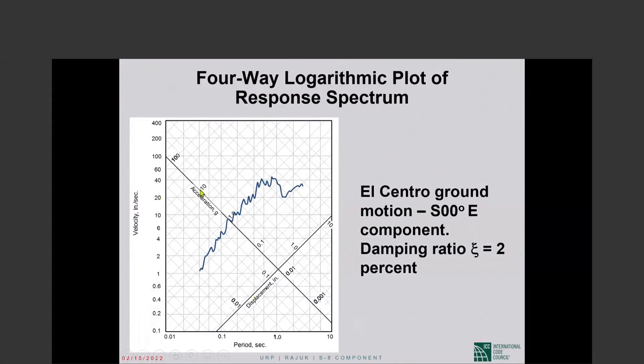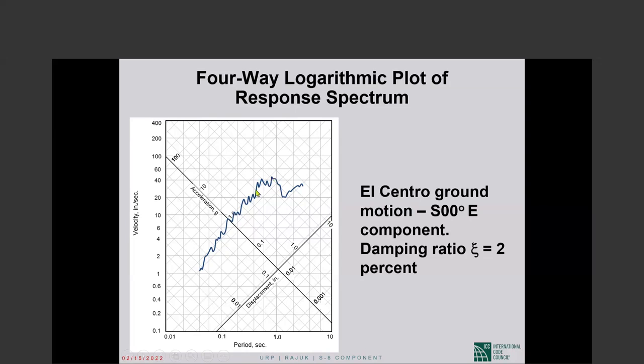Okay, this is 10 units of spectral acceleration. This is 100 units of spectral acceleration, and so forth. So if we take a point on the curve and go to the y-axis, we can read the spectral pseudo velocity. If we drop a perpendicular to this diagonal axis, we can read the displacement.